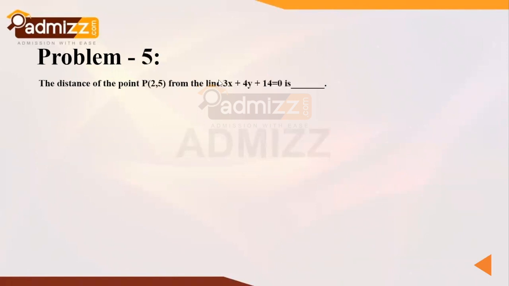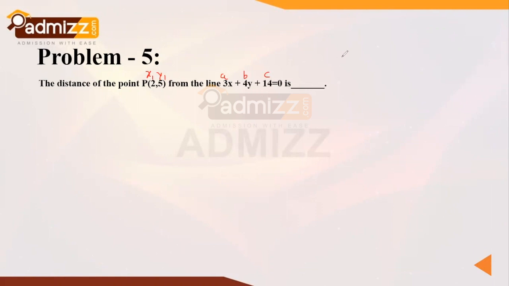The distance of the point P from the line 3x plus 4y plus 14 equals 0 is how much? Now over here we have the x1, y1 values as 2 and 5 respectively, and also we have a, b and c values as 3, 4 and 14 respectively.